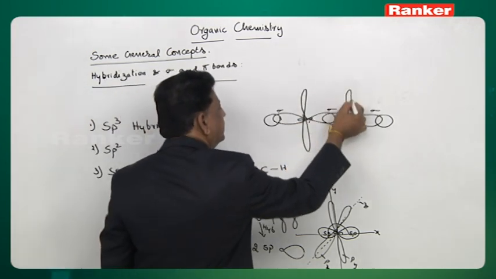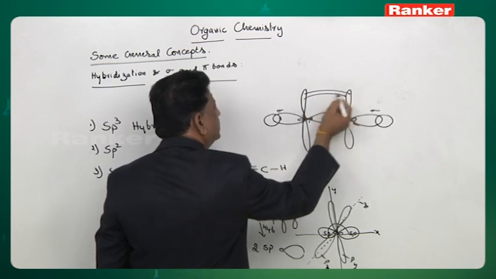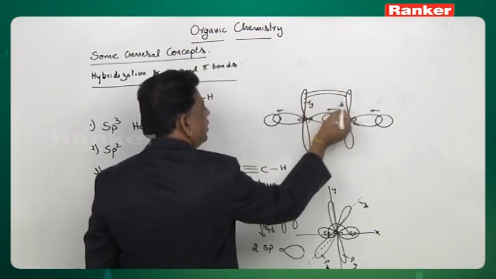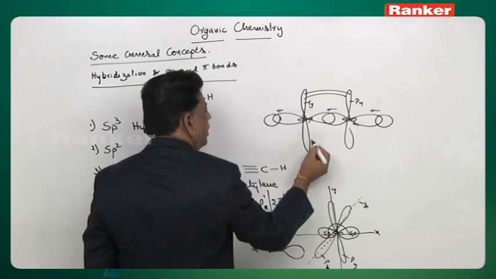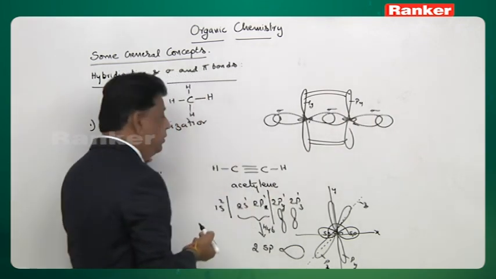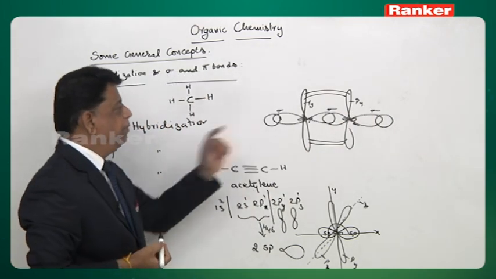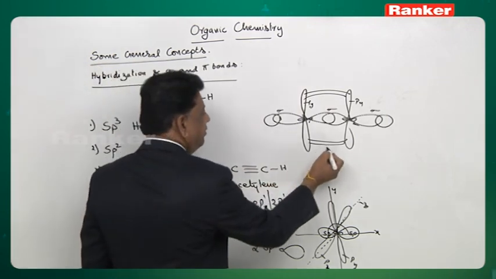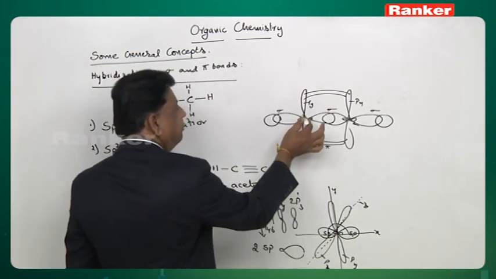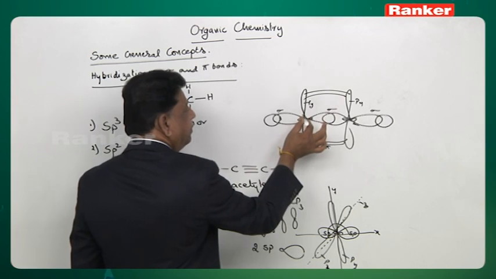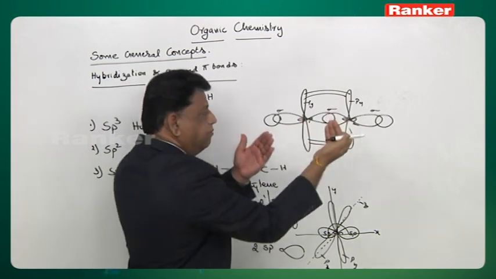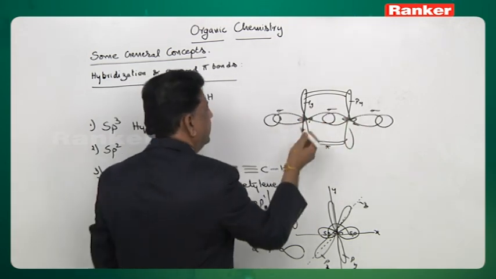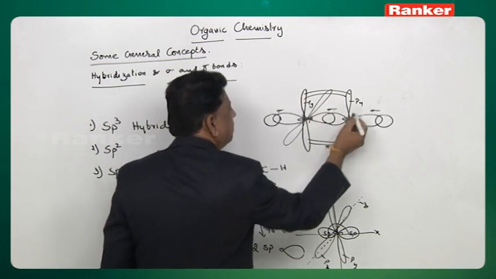First, let us overlap py with py, above and below, just like in the double bond formation. So one pi bond is formed because of the py. Now, the pz orbitals are again parallel to each other, but they come on the front side and the back side. They may be written like this.